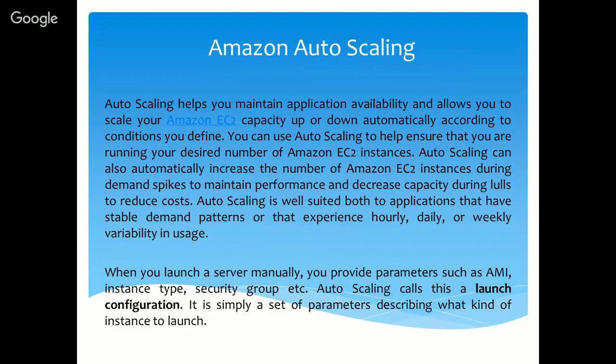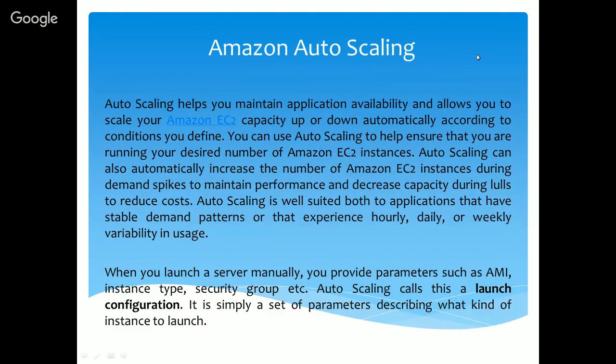All of those things that we were configuring manually, auto scaling calls the launch configuration. It is simply a set of parameters describing what kind of instance to launch. If it's a web server, okay, I want to launch a T2 micro. If I'm launching a database server, maybe I need much more capacity in terms of RAM, CPU, and storage. All of these parameters that you configure are known as the launch configuration in the terminology of auto scaling.